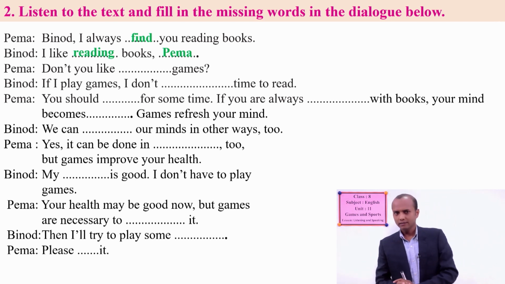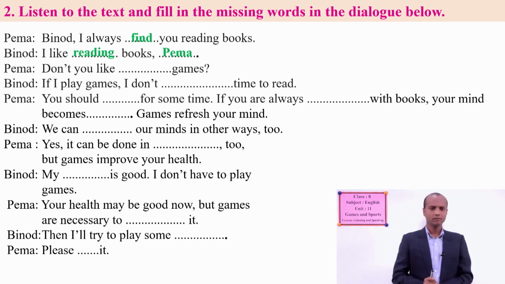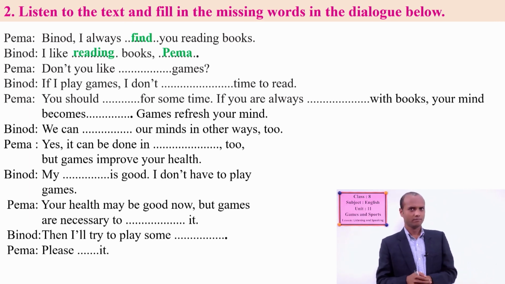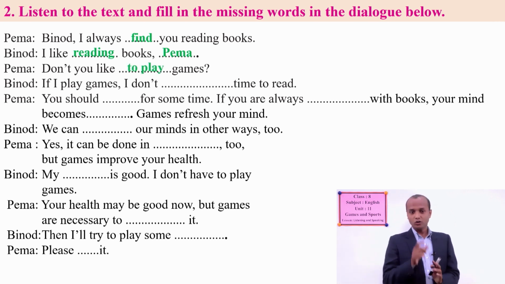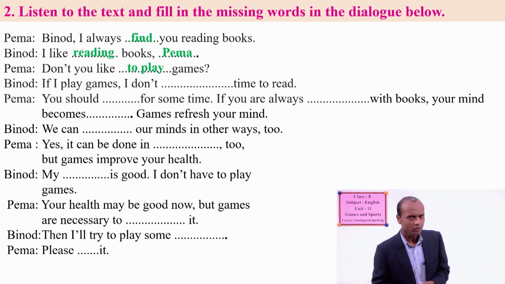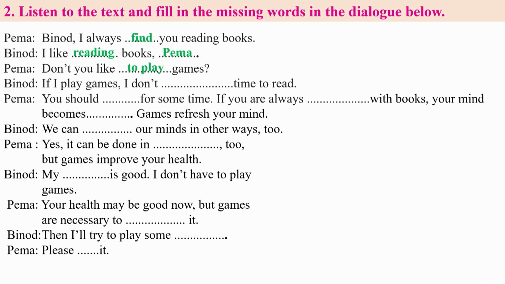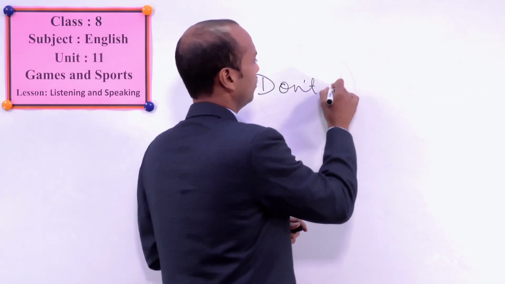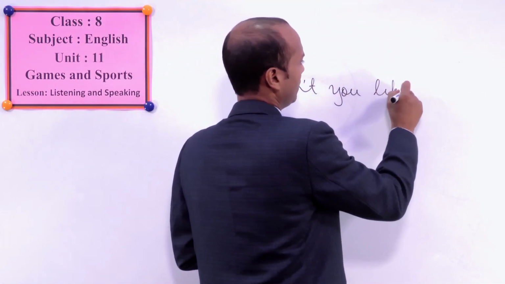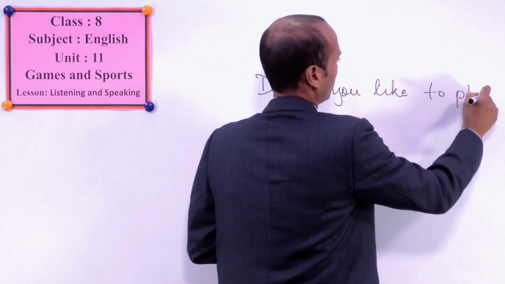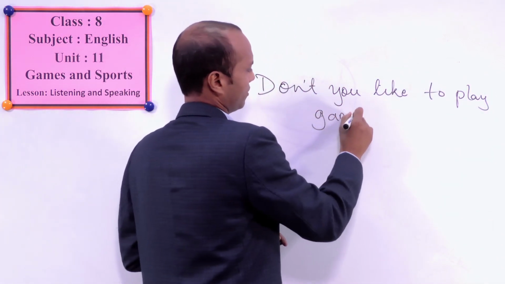Again, Pema replies, asks, don't you like ... games? What have you written there? Okay, that's quite right. It is to play. Okay. Don't you like to play games? Okay. So she has asked, don't you like to play games?